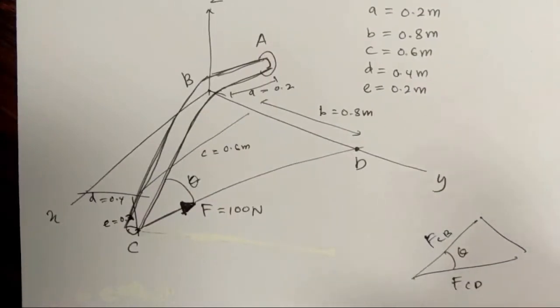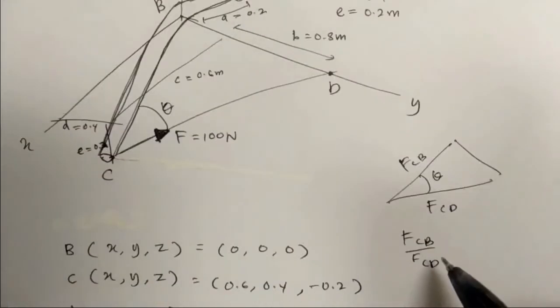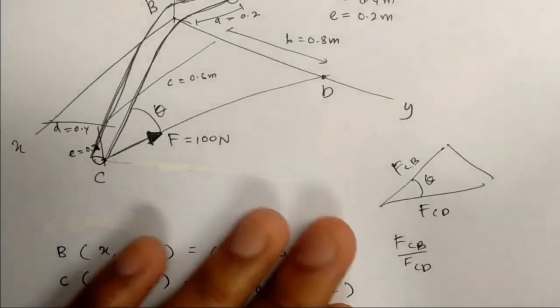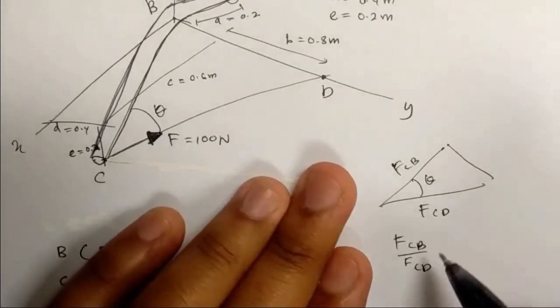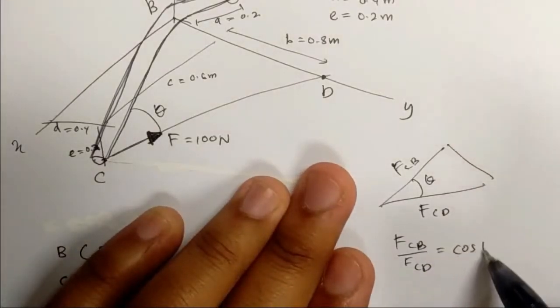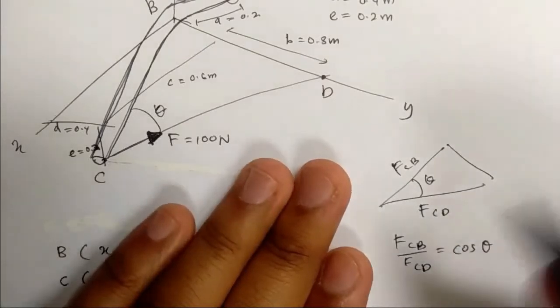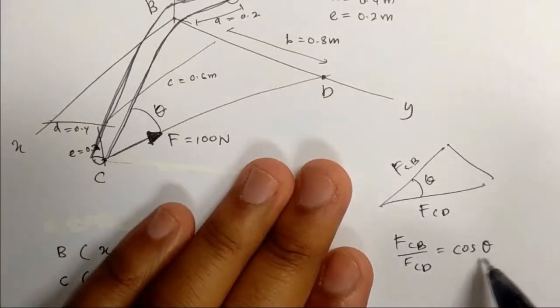The cosine rule means that FCB per FCD equals cos theta. So you need to get the theta.